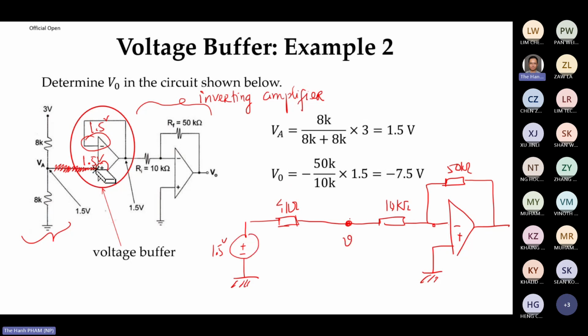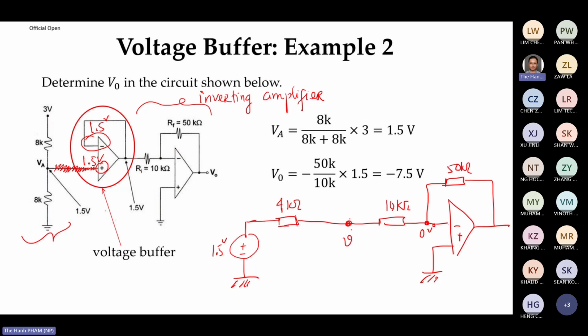It's not like here you have 1.5 and then you have 7.5. Now why? It's very simple. This is a ground, so here is also 0 volt. So you can think of this as virtual ground, right? So basically 1.5 volt here is used to provide current running through 4K and 10K.